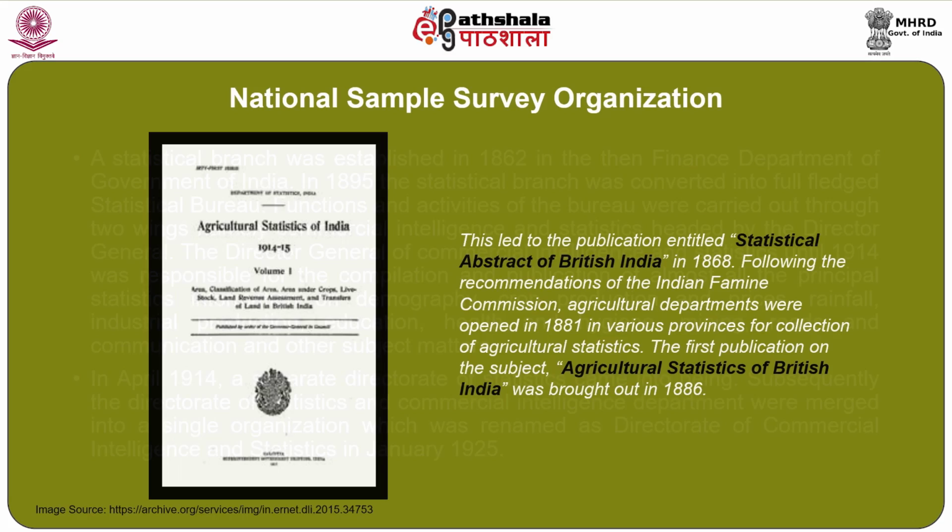Following the recommendations of the Indian Famine Commission, agriculture departments were opened in 1881 in various provinces for the collection of agricultural statistics. The first publication on the subject, Agricultural Statistics of British India, was brought out in 1886.